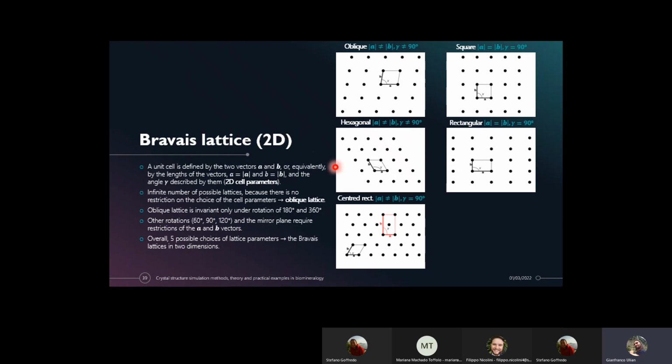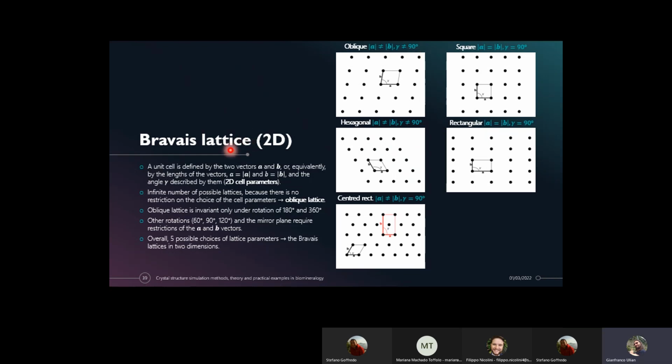For a generic bidimensional lattice, we describe it in terms of an oblique lattice, that is this here. For an oblique lattice, we do not have any special relationship between the cell vectors. The lengths of the vectors A and B, and the gamma angle described by them, are depicted here. So the length of A is different from B, and their angle is different from 90 degrees.